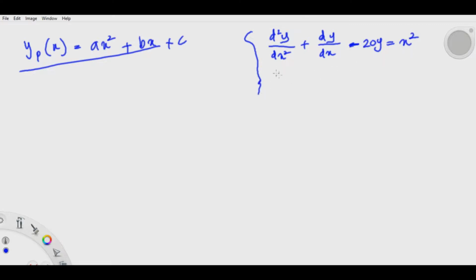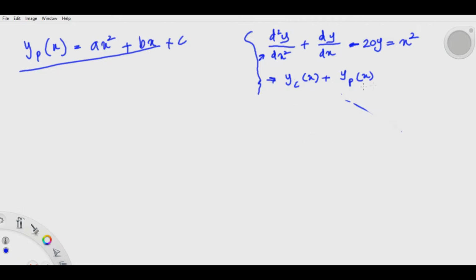The solution to it, we said, was y sub c of x plus y sub p of x. Okay, we said that's the solution to this because it's non-homogeneous.